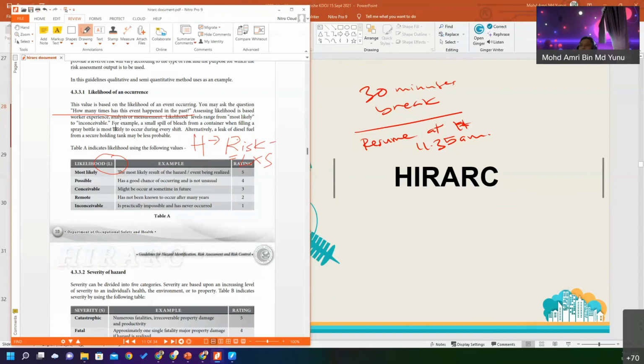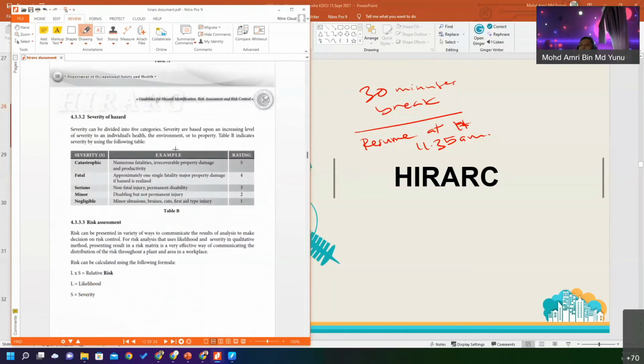Let's say the guidelines say, for example, a small spill of bleach from a container when filling a spray bottle is most likely to occur during every shift. If you think that spilling of chemical always happens, we put 5.